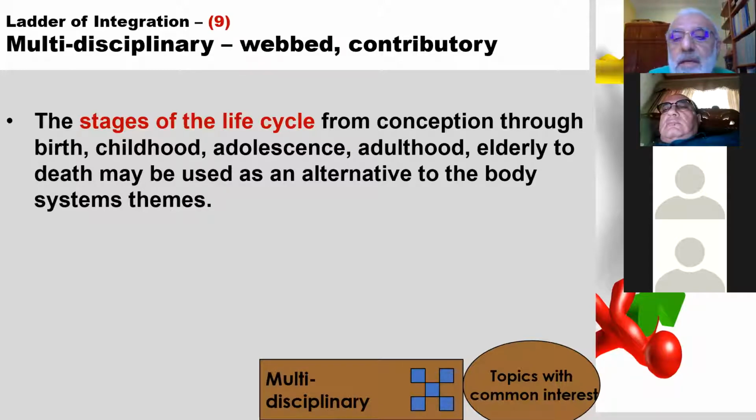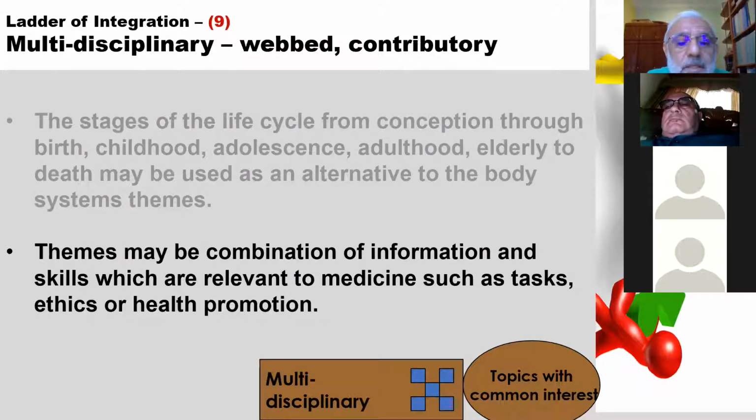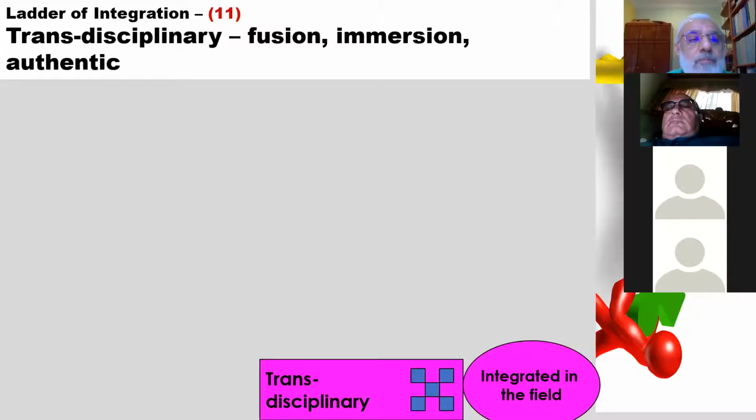So that is another concept, rather than implementing the curriculum under different modules. They can be arranged according to the stages of life cycle. Themes may be a combination of information and skills which are relevant to medicine, such as tasks, ethics, or health promotion.